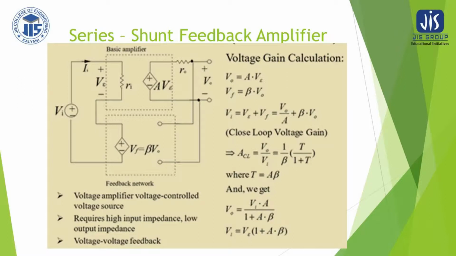Therefore, Vi by Ii gives you the input impedance Ri. So here we can write, it is nothing but Ri into 1 plus A beta. So it is very much clear that the input impedance without feedback has been increased by the desensitivity factor for the input impedance of the feedback amplifier. So input impedance has been raised by this quantity due to this series connection at the input side.